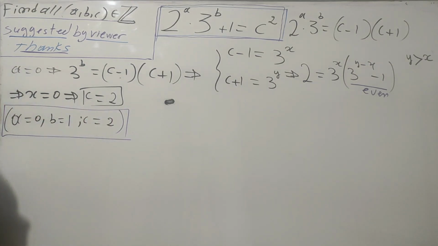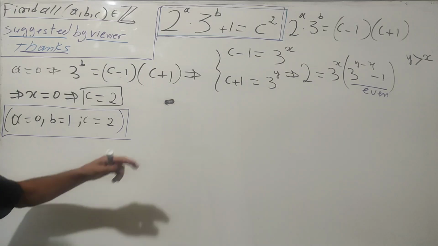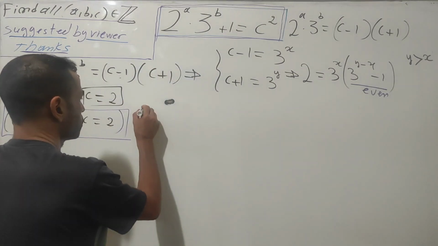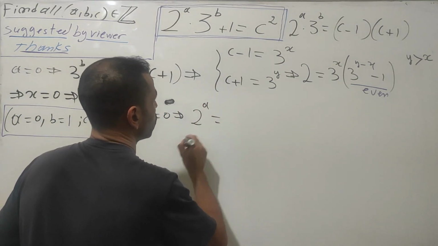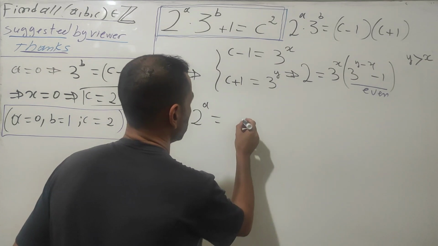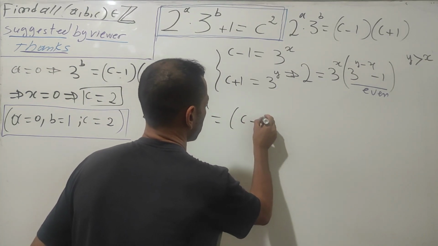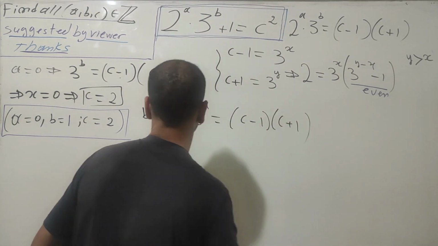Let's find the other solution. This time I'm going to take b equals 0, and I will have 2 to the a. I will have almost the same thing here: 2 to the a equals (c minus 1) times (c plus 1).